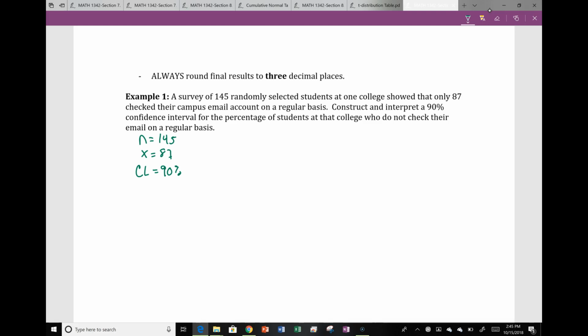So when we're looking at this, notice it says that we do not want to check it. 87 check their email on a regular basis. We want do not check. So we're going to take 145 minus 87, which is going to give us 58 that do not check it on a regular basis.